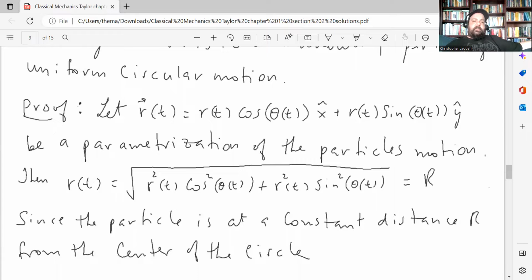If you take the length of that vector, using the formula that we know now for finding the length of a vector, that gives you r of t. And we know that because the particle is moving along a circle, its distance from the origin is always constant. It always has a distance of r, which is the radius of the circle. So that means that r of t has to be the constant r.